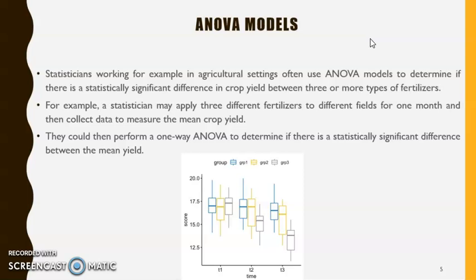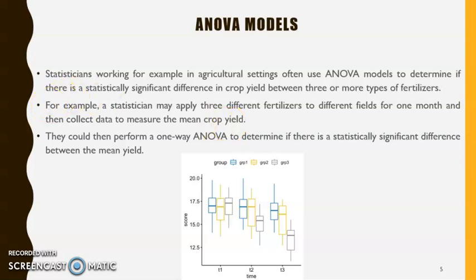Again, you see, there is no decision making about business or anything over there. It's just science, a field related to math, to scientifically decide on something. For example, a statistician may apply 3 different fertilizers to different fields for 1 month and then collect data to measure the mean crop yield.